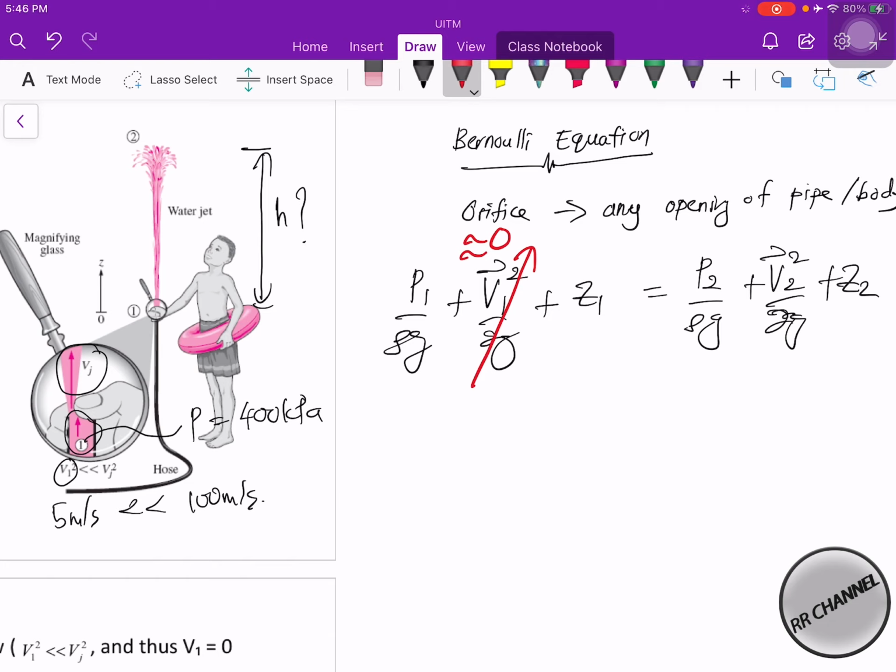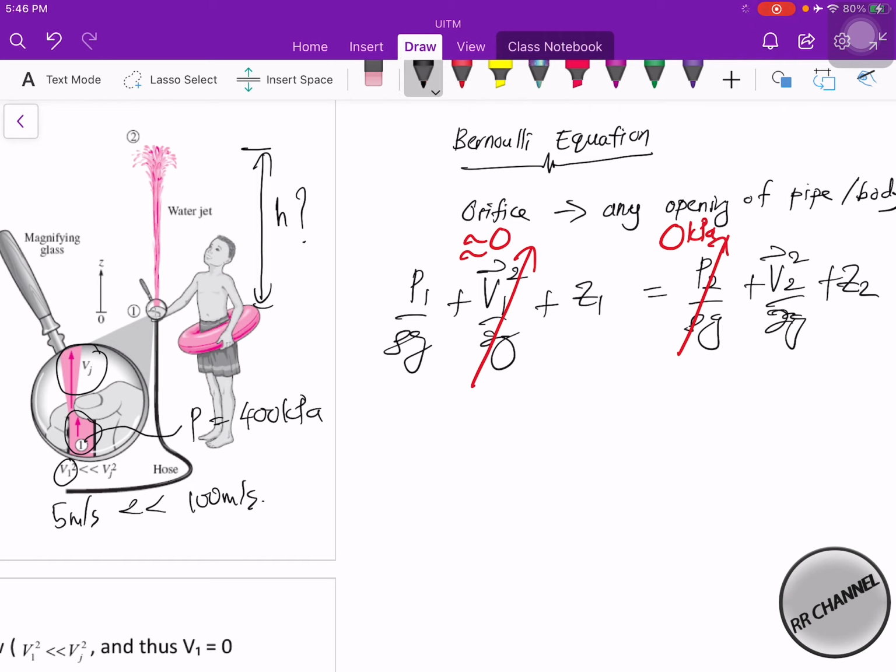And then we need to know that the pressure at point 2 is exposed to the atmosphere, so we can also neglect it as 0 kPa based on the gauge pressure at the atmospheric level. So what are the remaining terms?